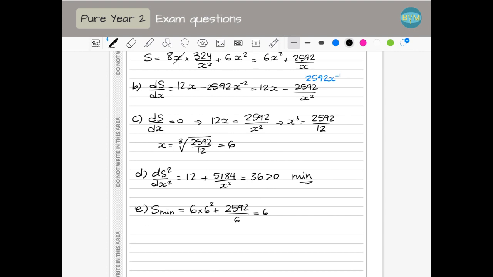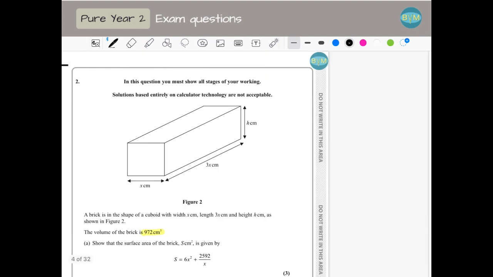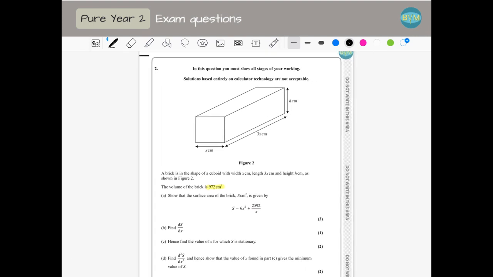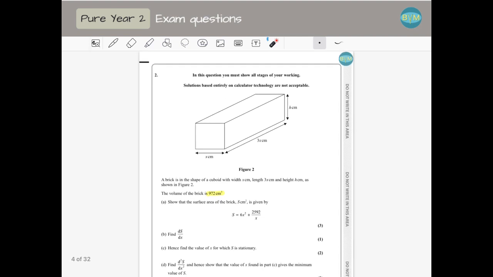And this is going to be 648. And we have centimeters, so this surface area is in centimeters squared. And that's all with this exam question. It's quite a typical modeling question with differentiation. You have the volume of something in terms of two variables, they give you something to eliminate one of the variables, and then we differentiate with respect to the other. And that's it.